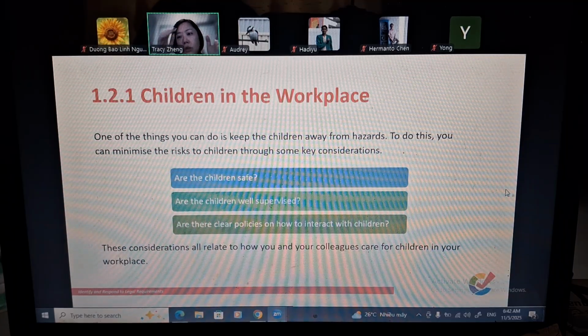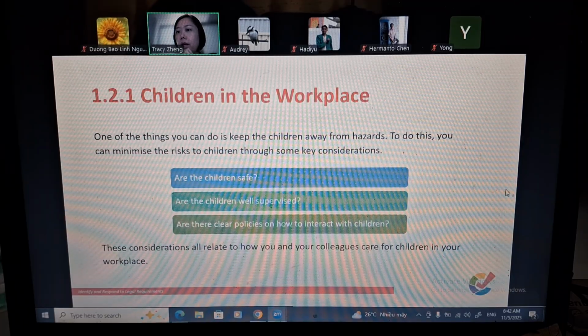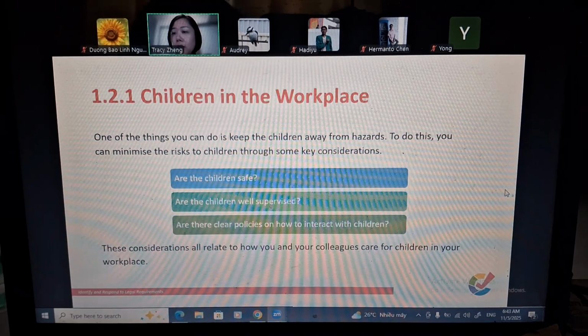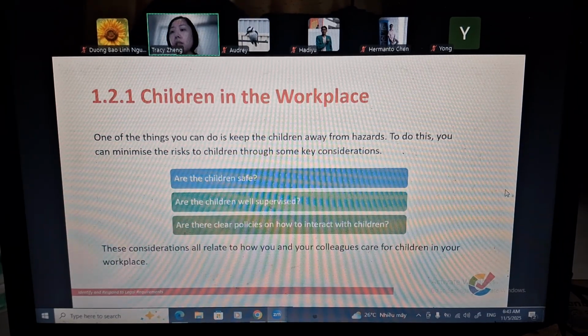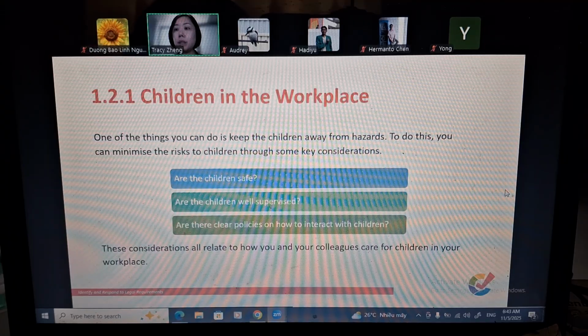So you do need to always think, if you see any kids in your workplace, is this area safe for the children? And also check, are the children well supervised? They could be supervised by their parents or visitors taking the kids. They also hold responsibility for the kids' safety, right?